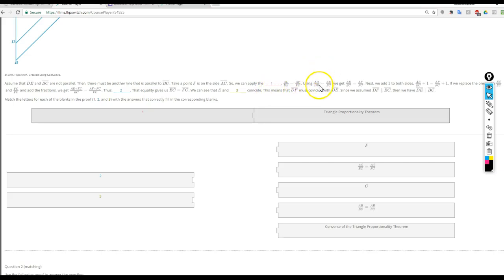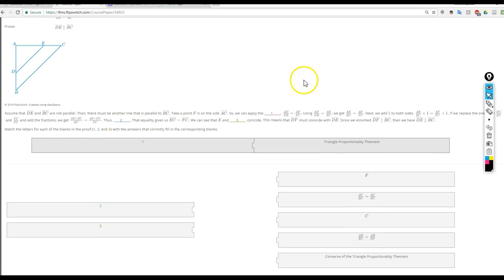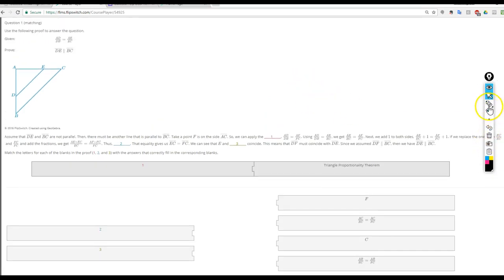So using AD divided by BD is equal to AE divided by EC, we can have AE divided by EC equal to AF divided by FC. And that is coming from this statement right here, which is coming from what is given.